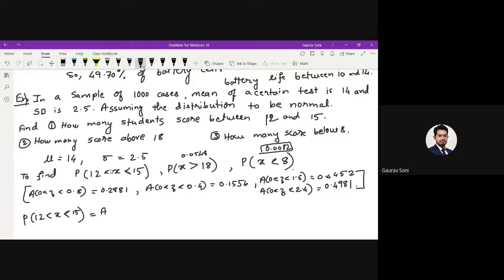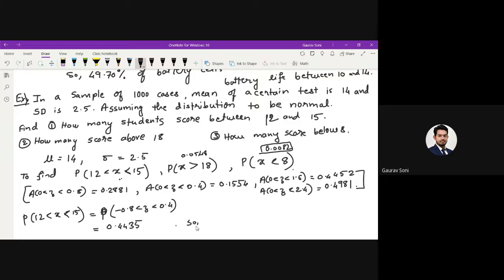We need the number of students who are going to score marks between 12 and 15. So this will be the probability from minus 0.8 less than z less than 0.4. So the answer you have told is 0.4435.